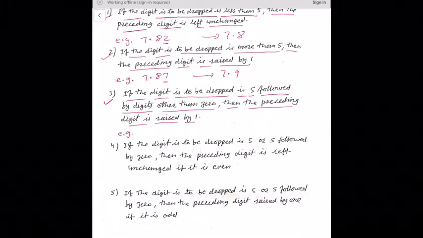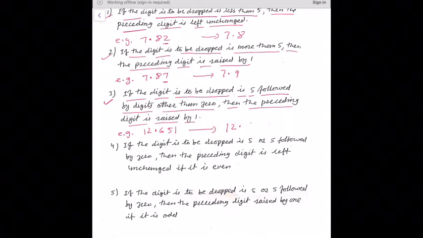For example, 12.651 is rounded off to 12.7, because here 6 converts to 7. So 12.7.